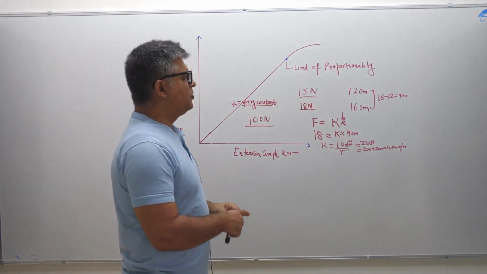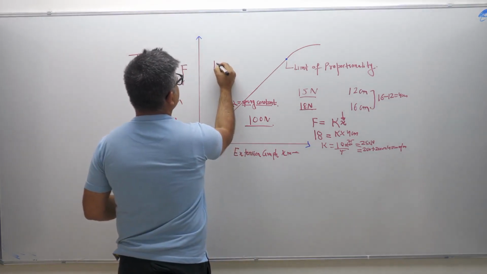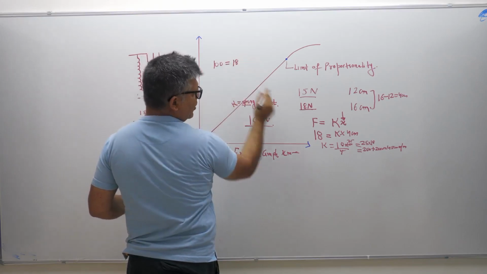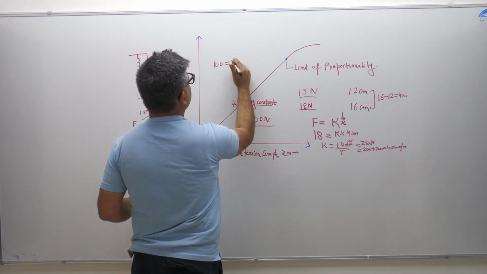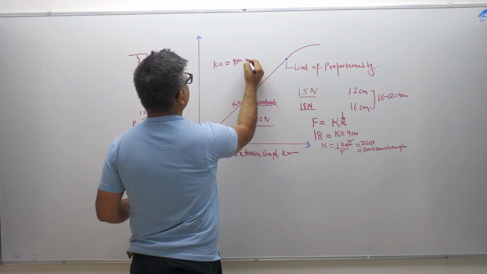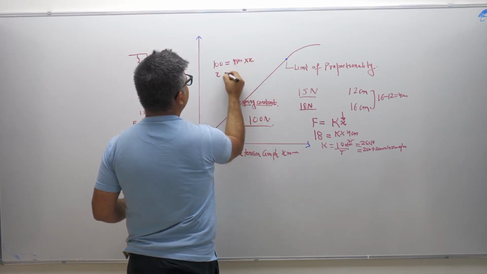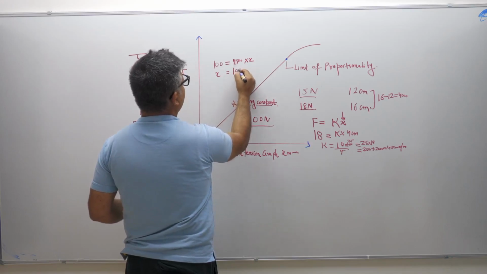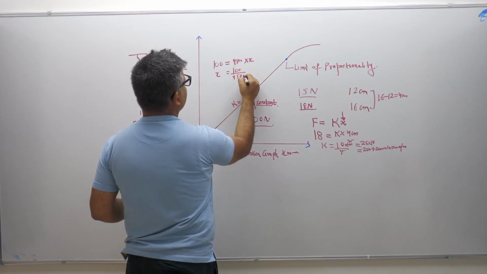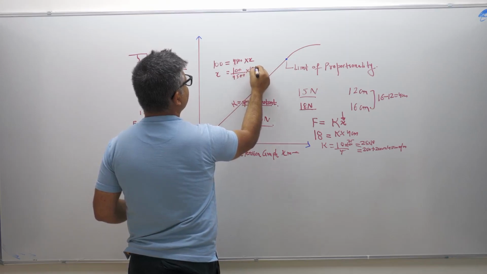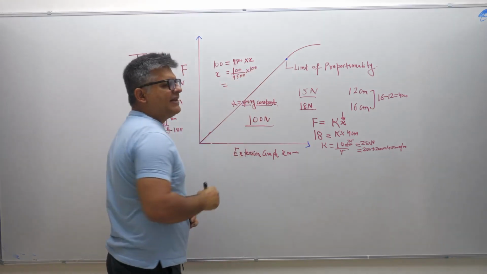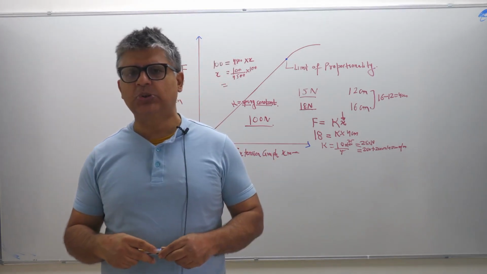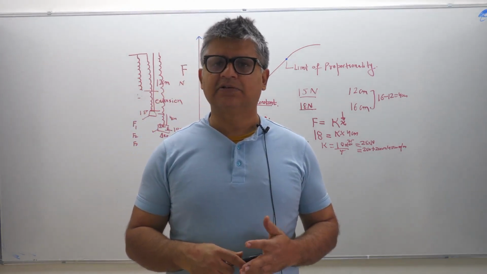Though I am tempted to use 100 is equal to K, which we calculated as 4,500, into x. I'm tempted to say that if I apply 100 newtons, I can find x and convert it to centimeters. I will get these many centimeters of extension.